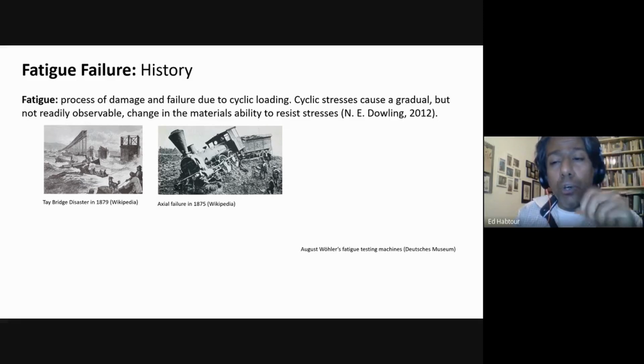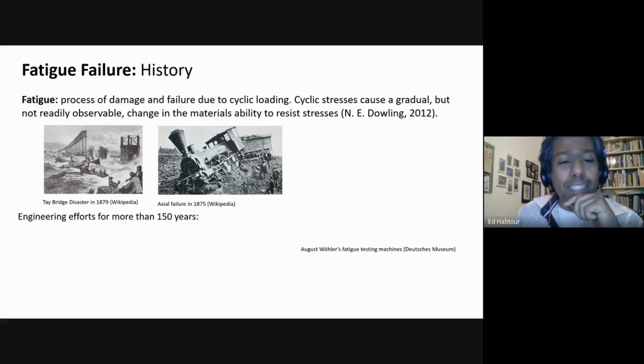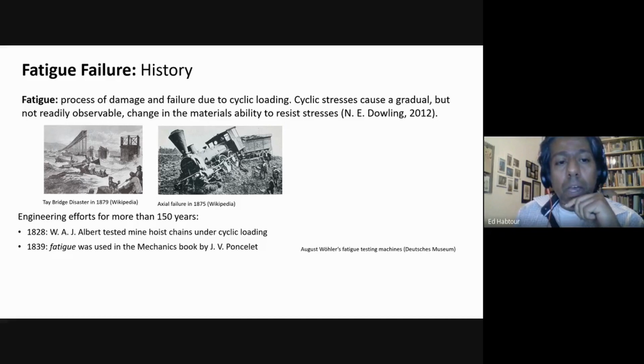Folks, especially in Europe, focused very heavily on trying to understand the process of fatigue. One of the first tests that we know of was by an engineer by the name of Albert, I believe from Germany, in 1828. He looked at fatigue in mine hoist chains.